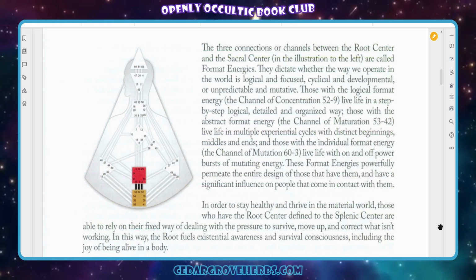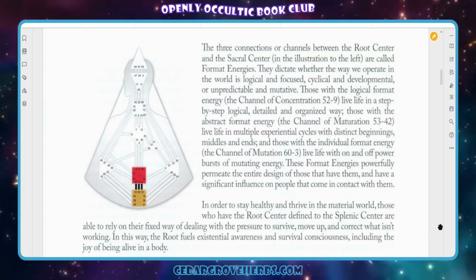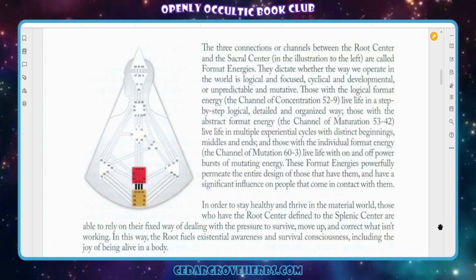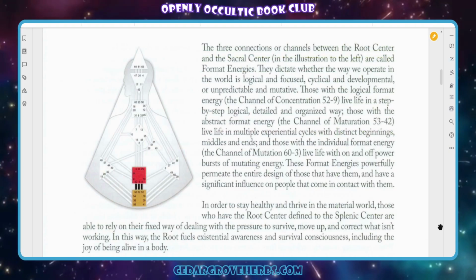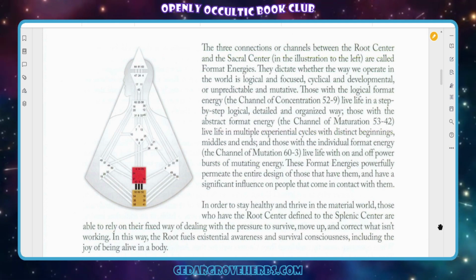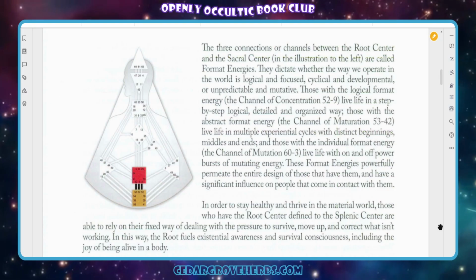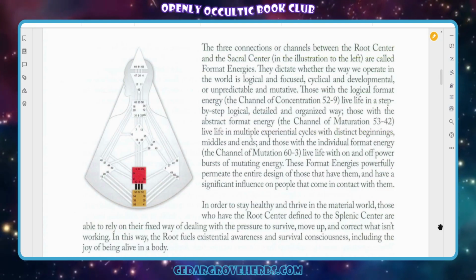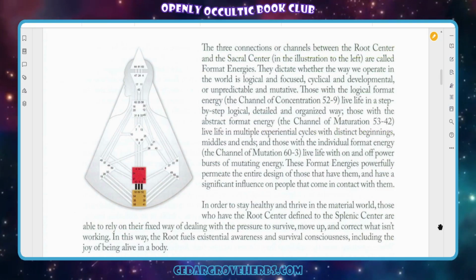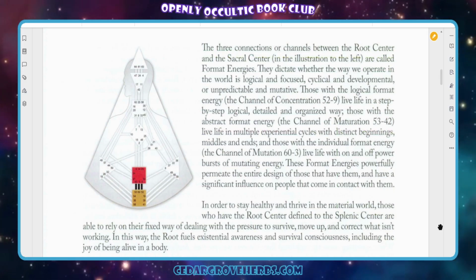The three connections or channels between the root center and the sacral center in the illustration to the left are called format energies. These 3 black channels, they're black because they're colored in, they're defined. These 3 connections or channels are called format energies.